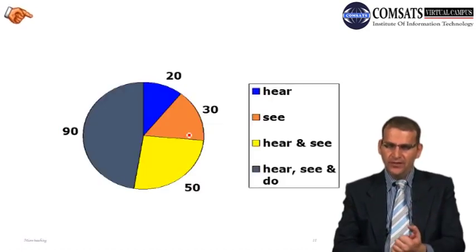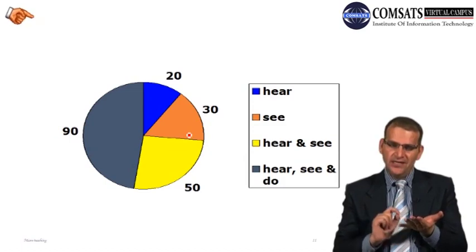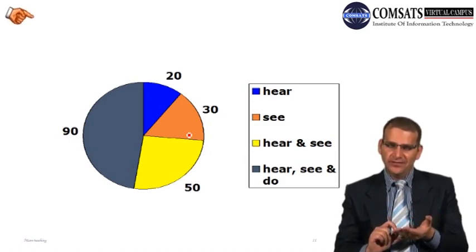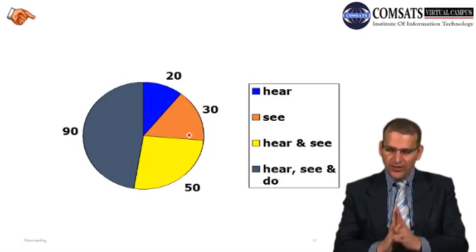Now this is a graph, see, that shows you that 90% is when you see, hear and do. 20% once you hear. 30% once you hear and see, in fact. And if you combine these two, we have 50%. So here is what? 20%. Seeing what? 30%.